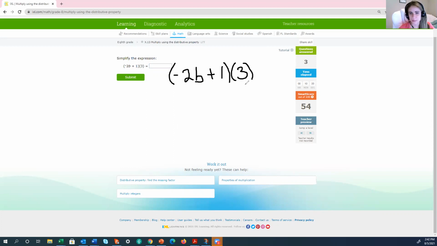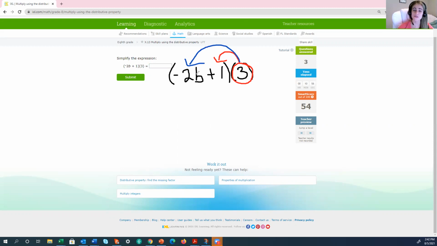That's not proper form, so to be honest, you're not going to see that super often, but it is important to recognize that the distributive property still works because we still have a value, in this case 3, that is right next to the parentheses, that is being multiplied by our negative 2b plus 1. So even though it's at the back end, our rule is still the same. We're going to distribute, we are going to multiply this 3 by everything inside the parentheses, okay?